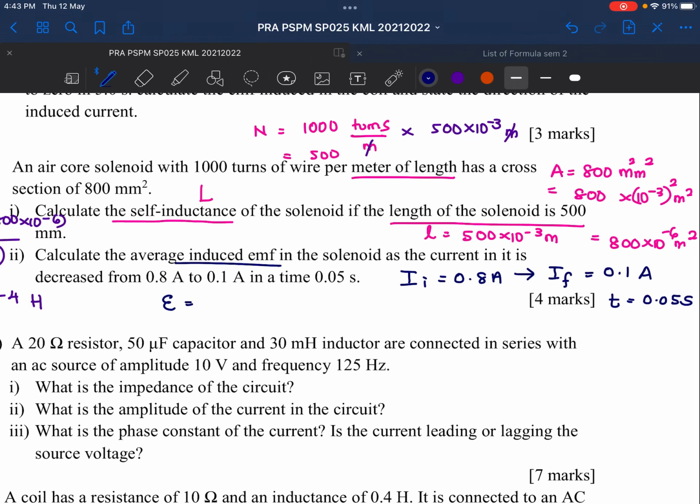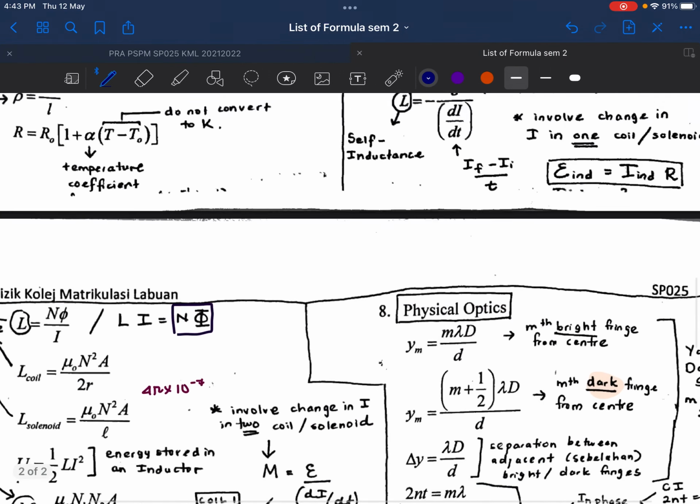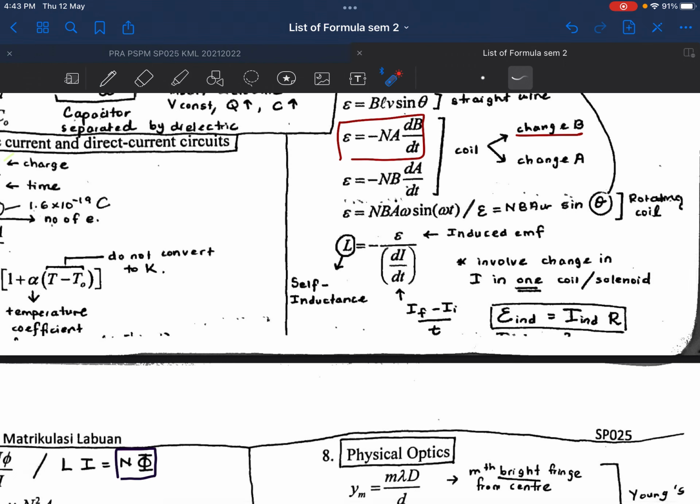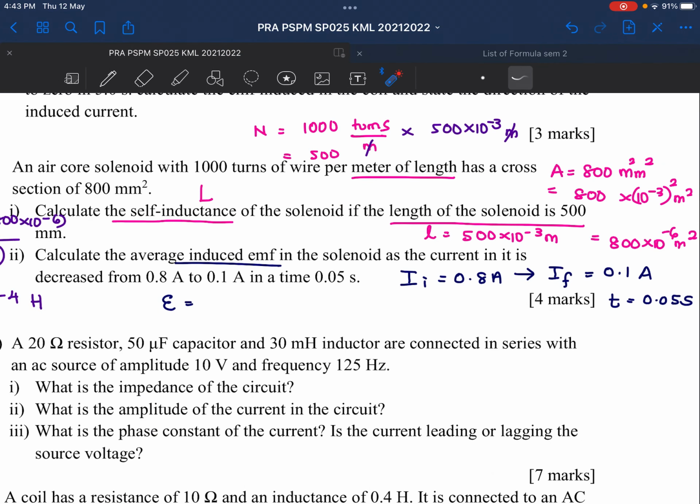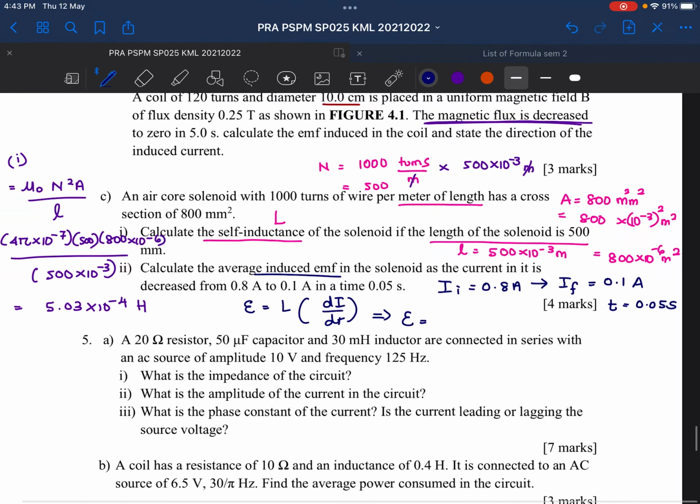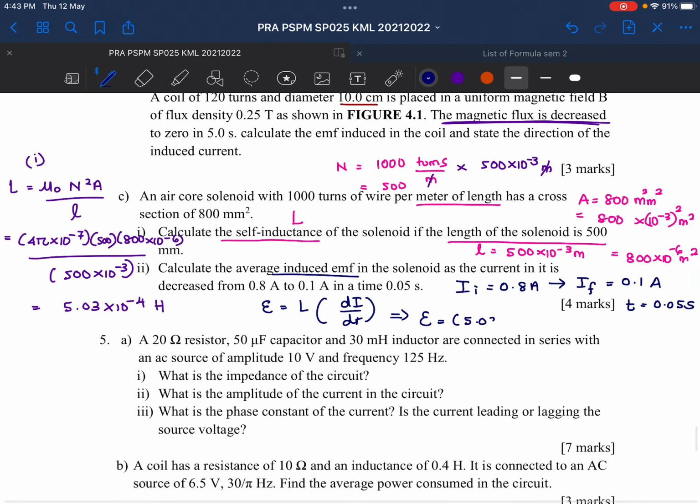Okay, so we can see this is self-inductance. So what formula can relate self-inductance L with EMF? This one has a change of current. So EMF equals L di over dt. If we rearrange, L we already got. I think your L earlier is 5.03 times 10 to the power negative 4.